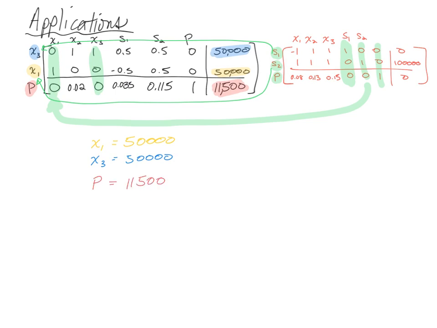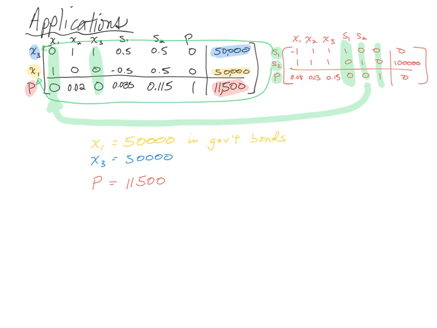$11,500. And what is happening here is it's telling us, if you go back a couple slides ago now, probably 15 minutes at this point, that x sub 1, as the variable definition, was the amount in government bonds.